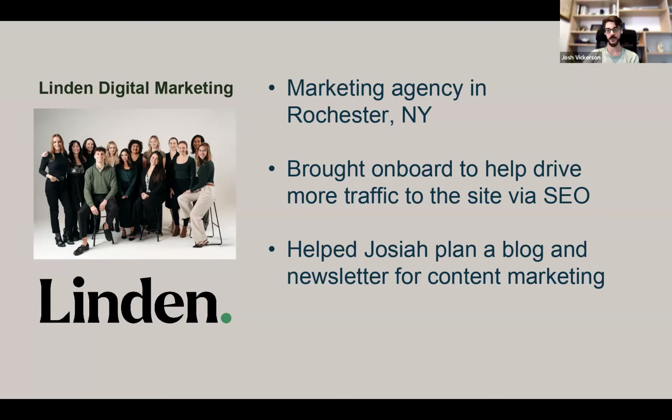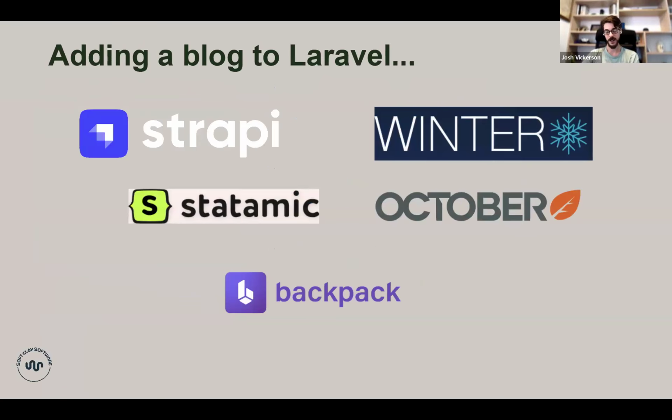So they helped Josiah devise a content marketing strategy and did some keyword research to help him find people who are looking for a financial advisor. And so now the question became, how do we add a blog to our existing app without having to start over or trying to figure out how do I get a CMS to talk to the Laravel application? Like, how do I combine these things?